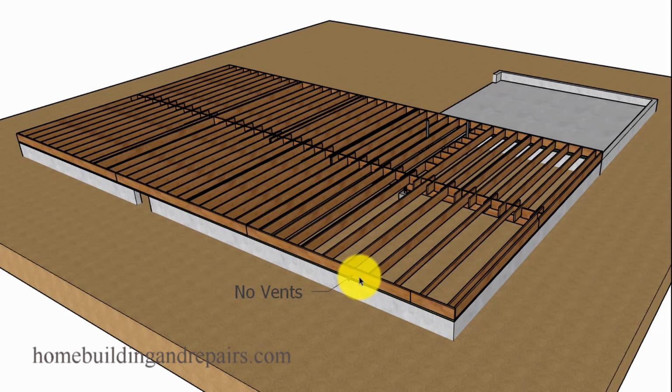This is a common problem even with vents. But if you don't have enough ventilation, and when I say this, there's a lot of problems with this theory. Sometimes too much ventilation brings moisture, air filled with moisture into this area and creates a problem.